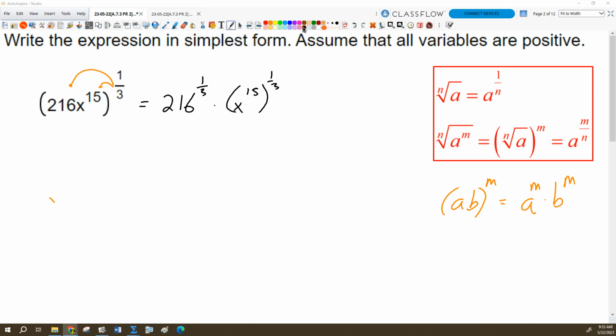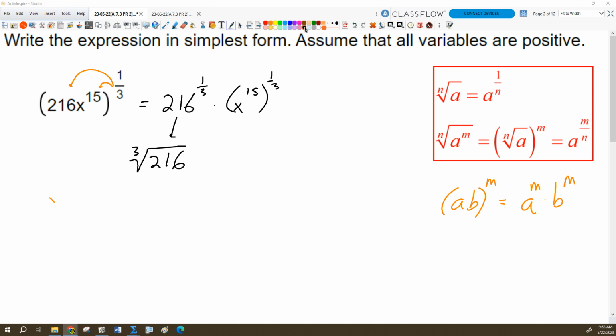Okay, let's deal with these individually. What about the 216 to the 1/3? What am I going to do with that? Make it a cube root, sure. We could make it a cube root of 216, okay? So this part becomes the cube root of 216, which I can simplify, right?